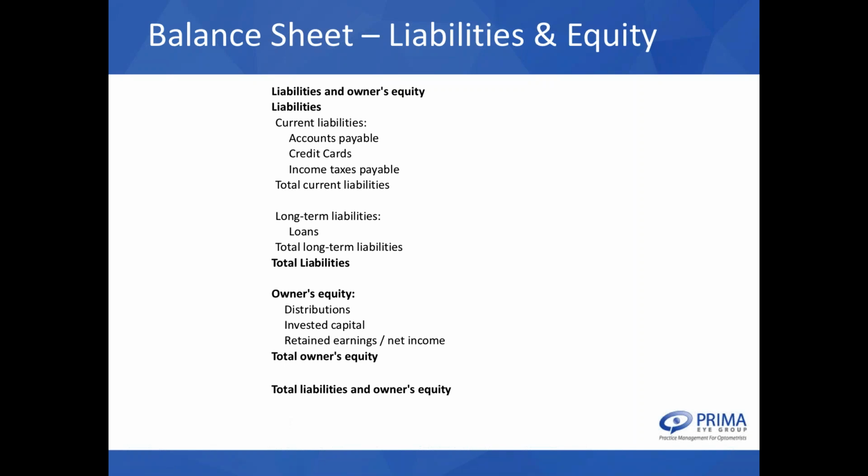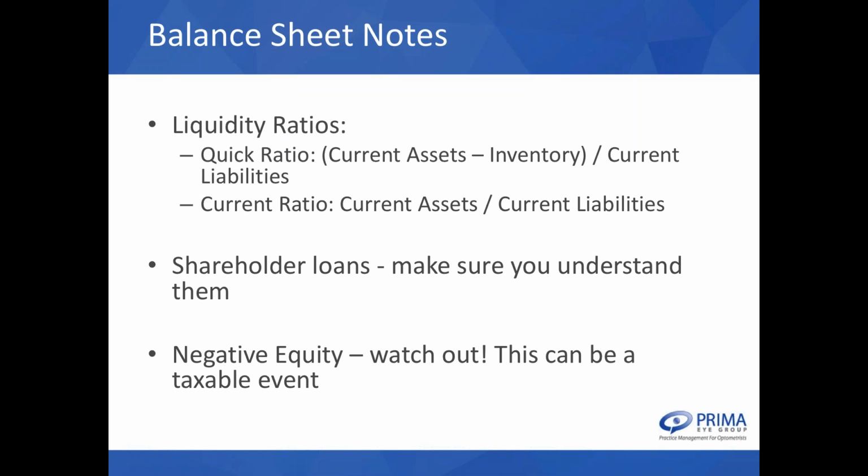A couple things on the balance sheet, and most practices are pretty liquid, and I don't see this coming up. But if you want to do a quick check, there are a couple of ratios you can check on your balance sheet. The quick ratio is just the ratio of current assets less inventory, so basically cash, against current liabilities, and it just gives you a sense of your ability to retire your current debts.